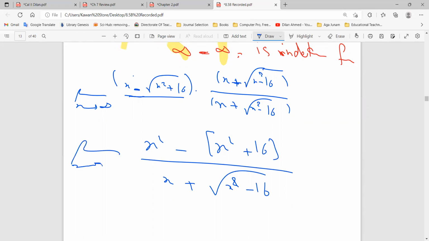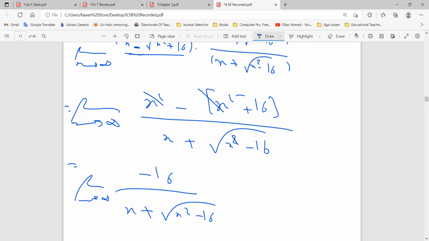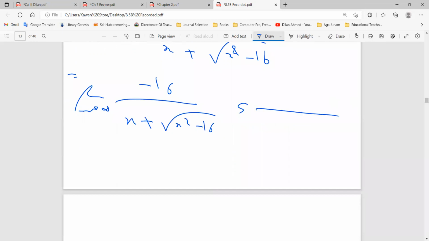Now, the limit of x approaching infinity is equal to what? You can see minus 16 over x plus the square root of x squared minus 16, limit x approaches infinity. I know the denominator is greater here, so I'll get what? Second case, polynomial over polynomial, the denominator is greater. Otherwise, you can put infinity here.